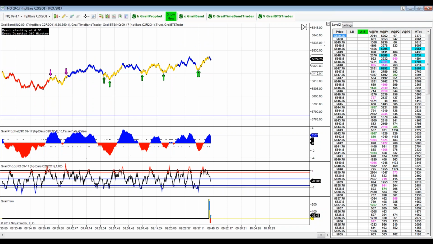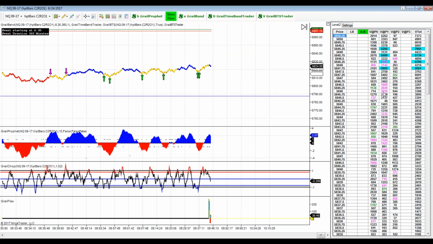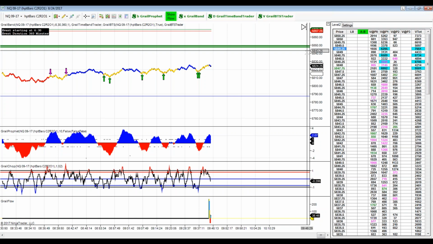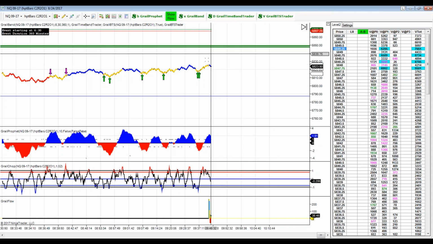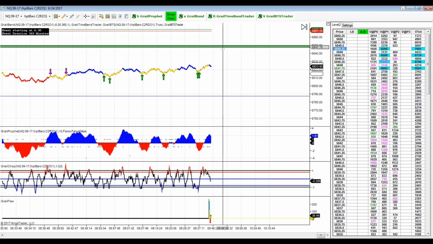So if I were to scrunch this chart down and come over here and left click right here, you see that it puts a line here. This is a significant area where if we do get up here today, it should bounce hard off of this. Okay.